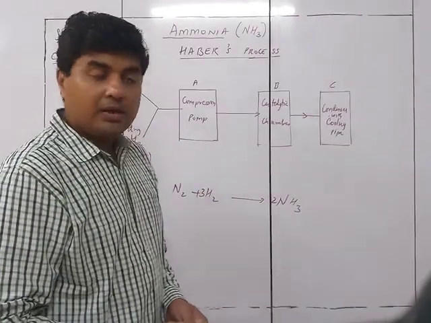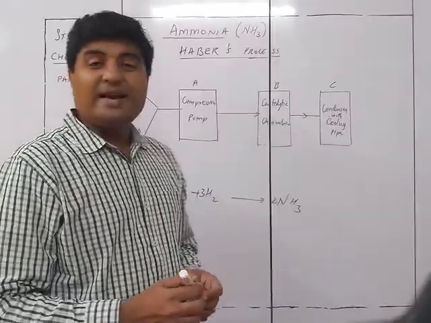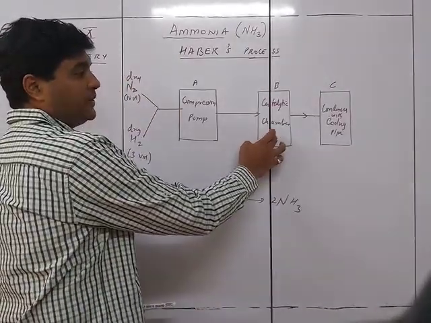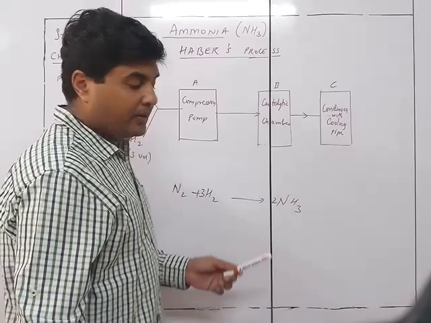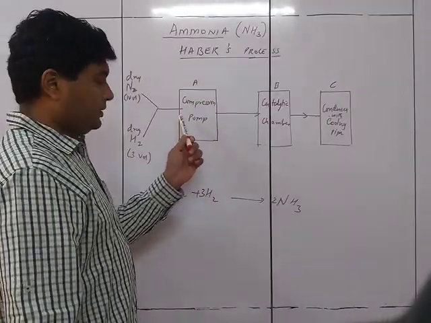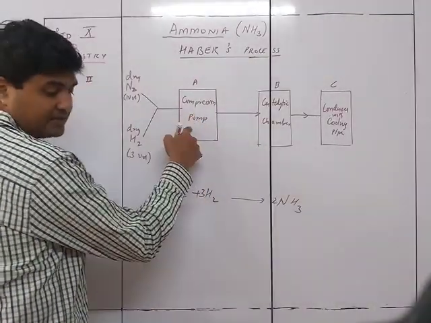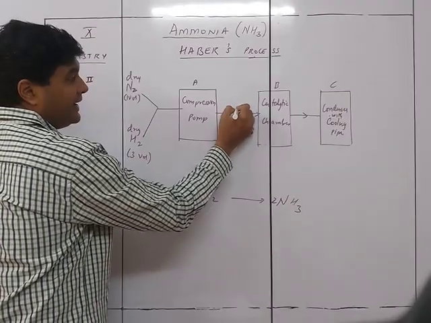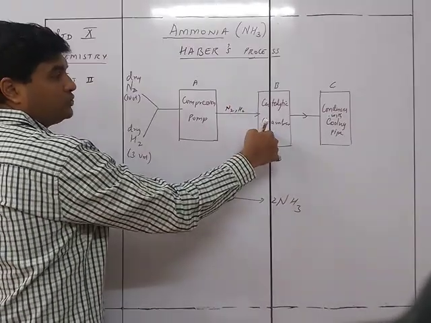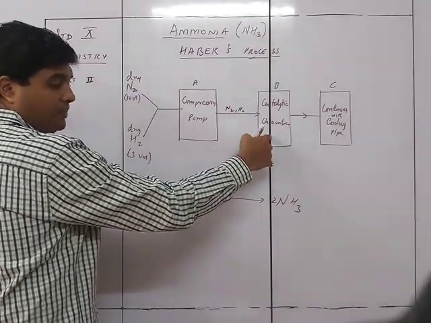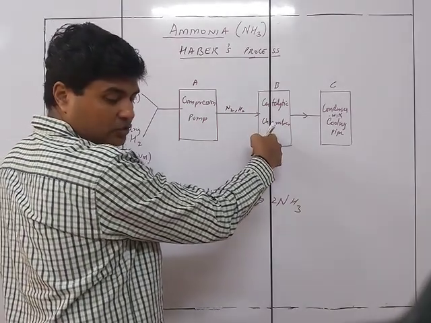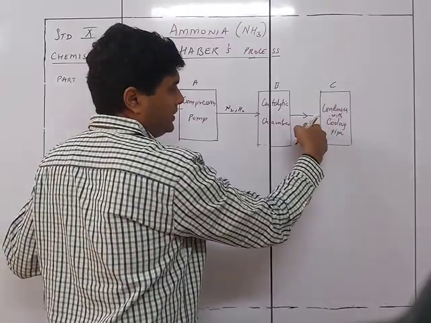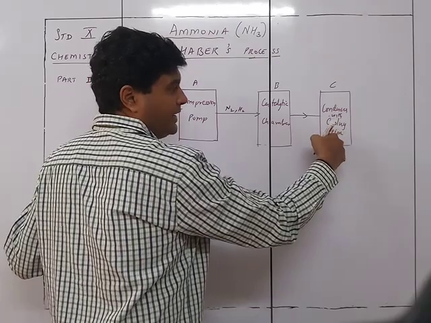This is the reaction which is going to take place in this particular part. So both N2 and H2, already in the compressed form, are made to pass through this chamber, and after that it comes into the cooling area.